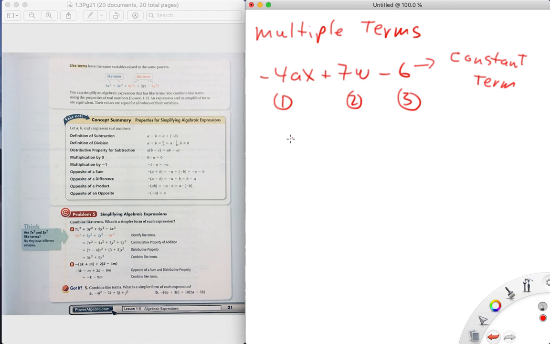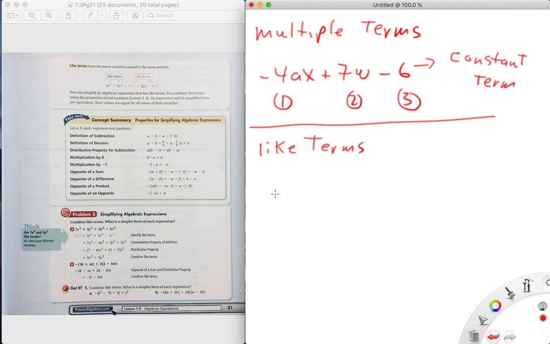Like terms. Like terms are terms that have the same variable raised to the same power.